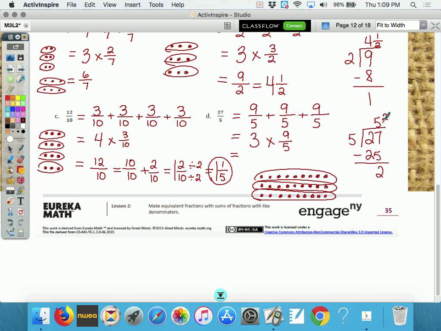So take your remainder, put it on top of the divisor, and it's 5 and 2/5. Okay? This is what we do on the second part of the exit ticket. So let's go get that all set up. So exit ticket.